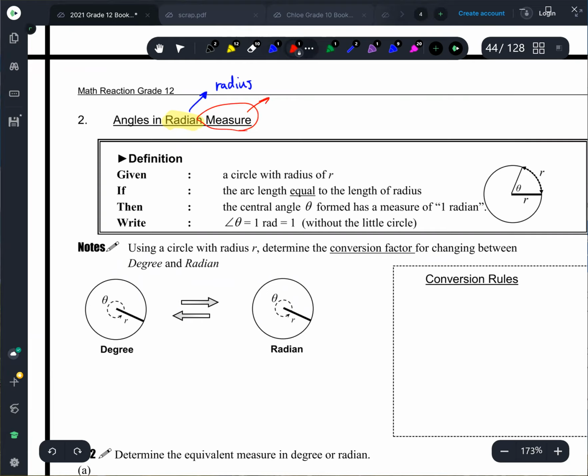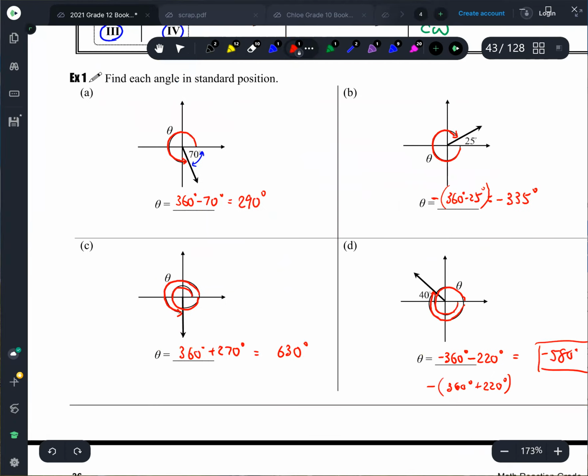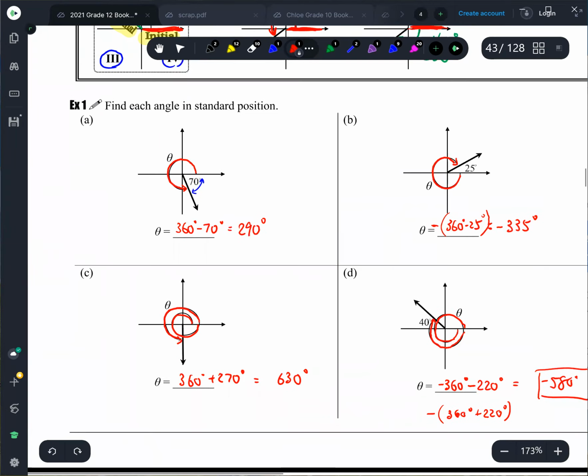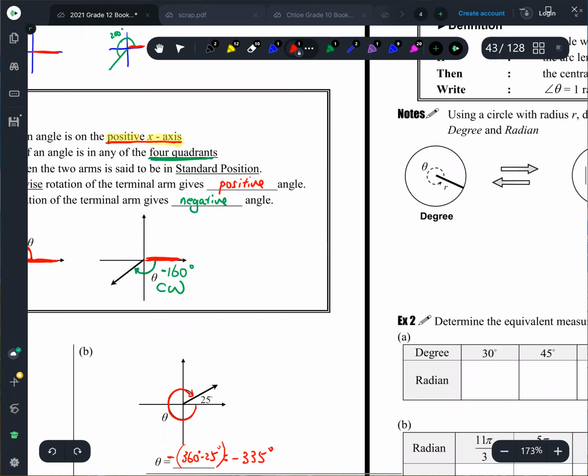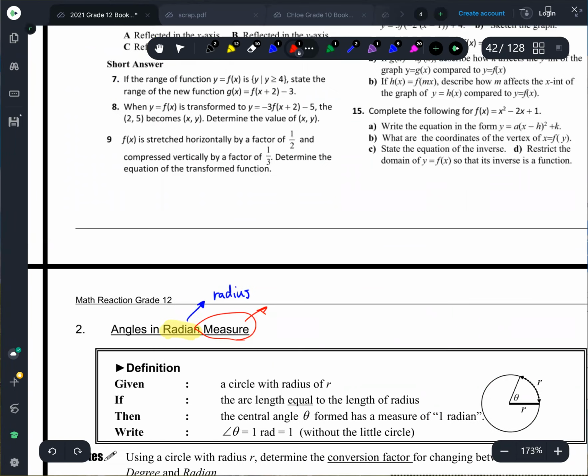So when you measure the angle, usually we use degree. And we've been using degrees since you ever start learning about angle, right? Perhaps you know about angle in grade 6, right? 90 degree, 180 degree. So for angle measurement, now we are going to introduce a different way to measure the angle, okay?